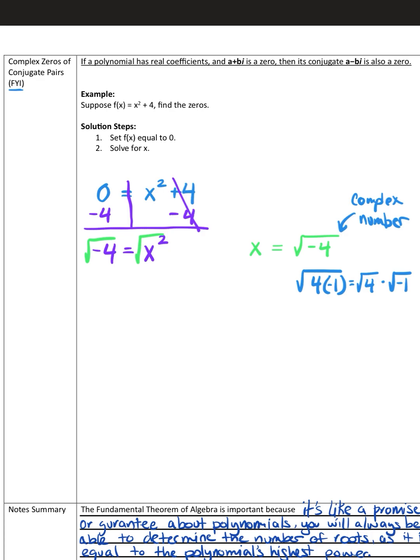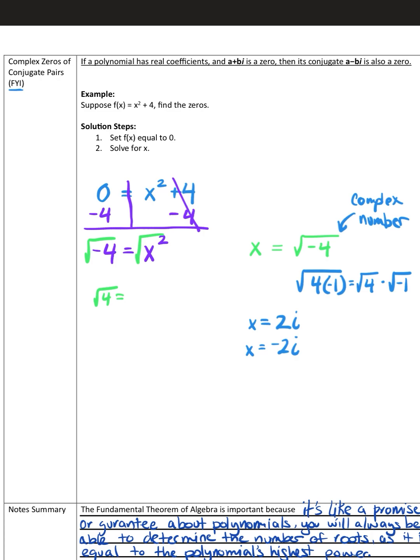Well, that would mean that x is equal to 2i, and x is equal to negative 2i. Just to break this down even further, let me go back one, sorry.